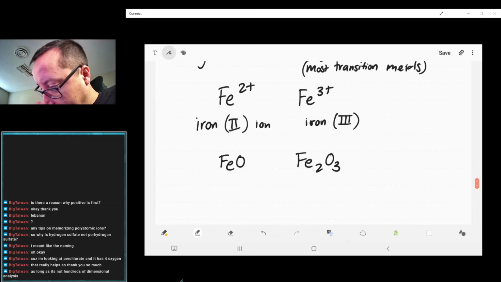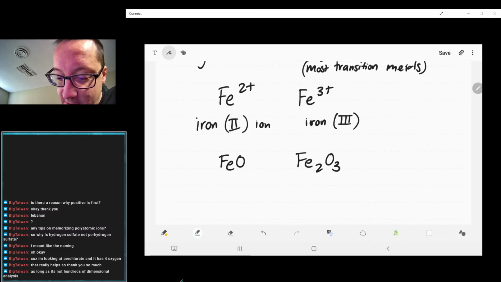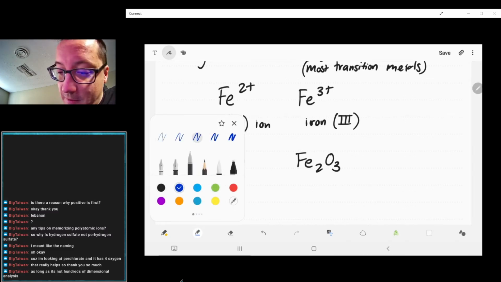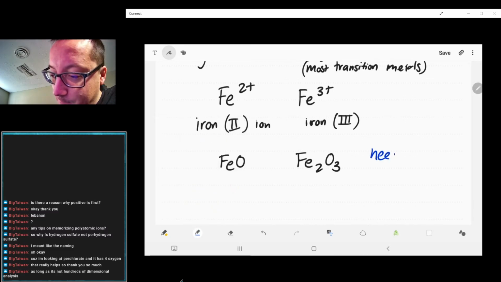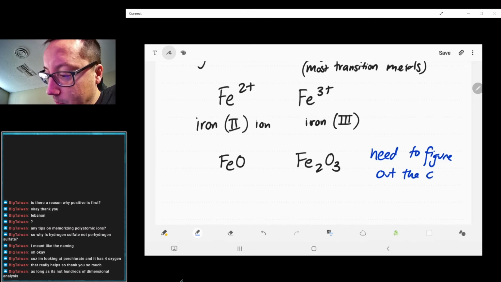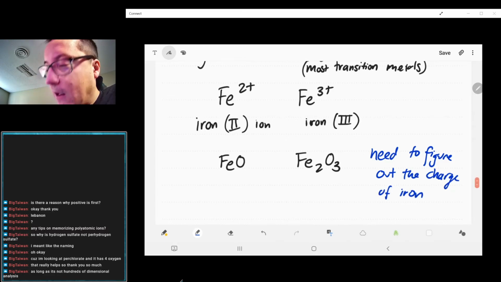So, if we want to think about these, both of these are acceptable compounds. And so we're going to have to figure out what the charge of the ion is within them. So we need to figure out the charge of iron in both of these.